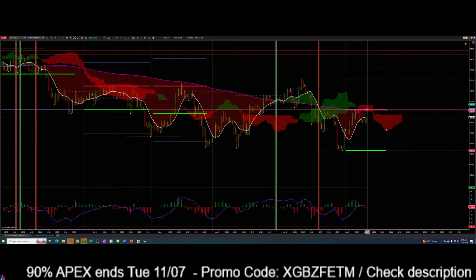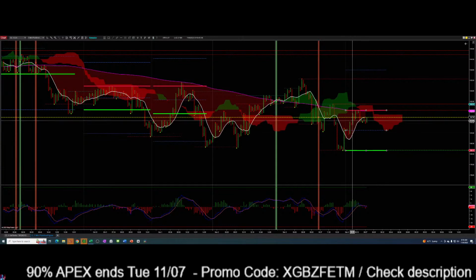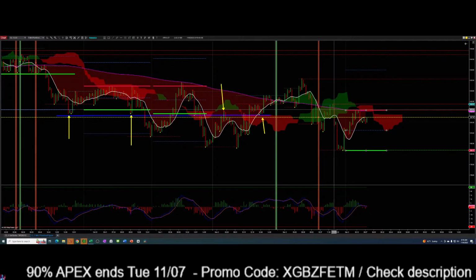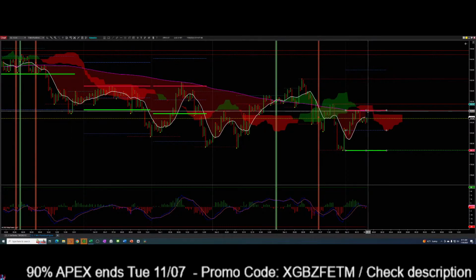I'm gonna go up to 82. Just because we do have the cloud there, but I see that there is some resistance and support at around that level, a little bit above. So we do have that one there. This one seems to be strong, that level there. So I'm a little bit above that one.